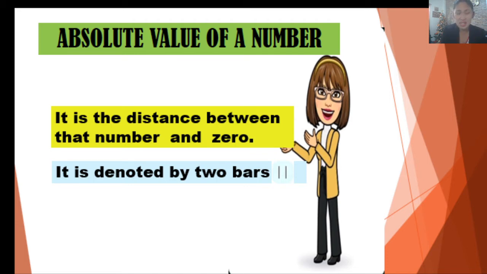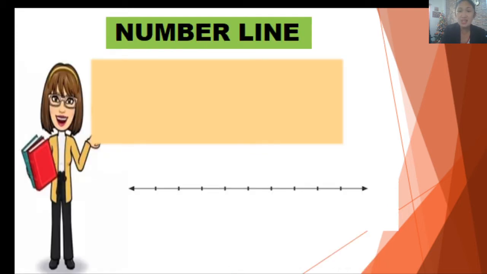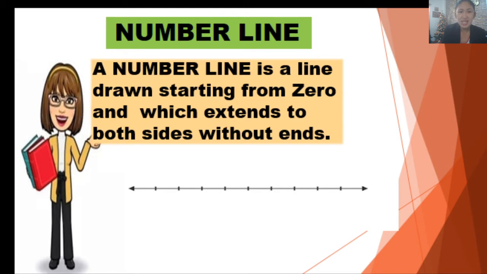To know the distance of a number, or the absolute value of a number, let us know the number line. A number line is a line drawn starting from 0 and which extends to both sides without ends. From 0, we have the positive numbers 1, 2, 3, 4, and so on.